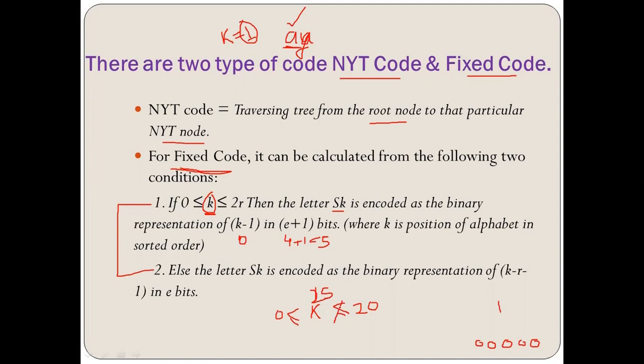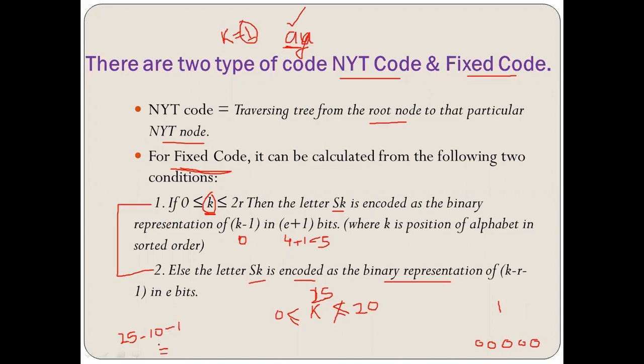This condition is not satisfied. In this case, we need to encode Y as the binary representation of K minus R minus 1. So what is K minus R minus 1? 25 minus R, which is 10, minus 1. So what will it be?